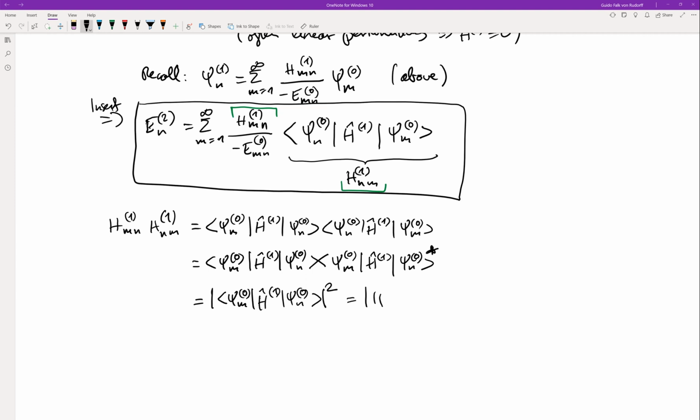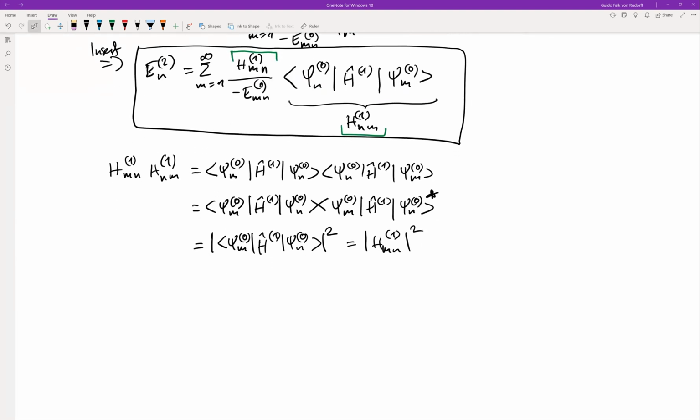That, of course, means this would be H_mn first perturbation squared. That allows us to simplify matters.